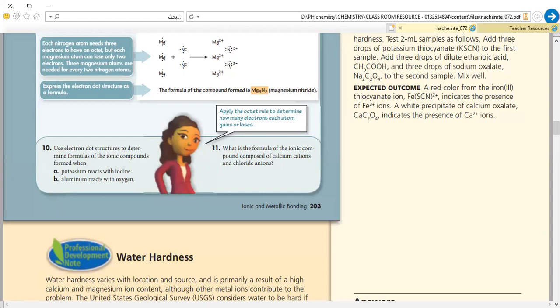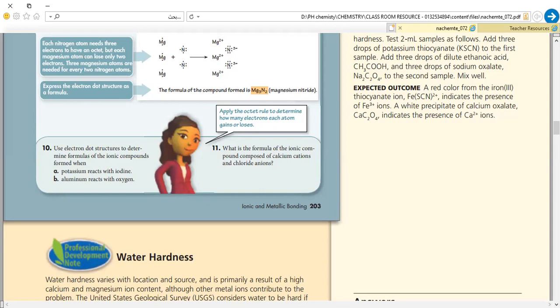Now, when we want to determine any chemical formula for ionic compounds, we have to know the group number of the elements in the periodic table to determine the number of valence electrons in each element.